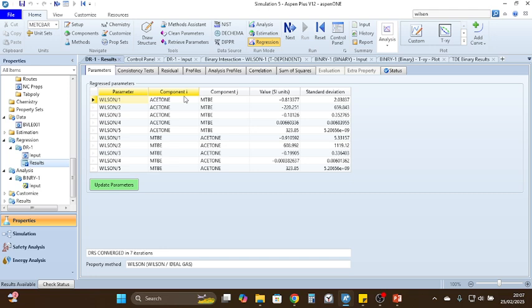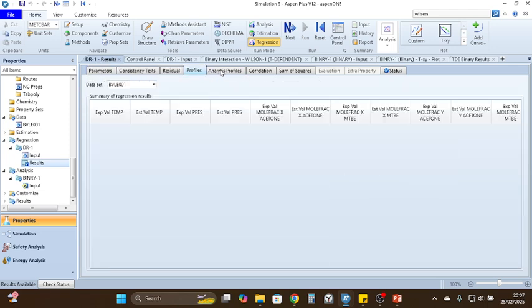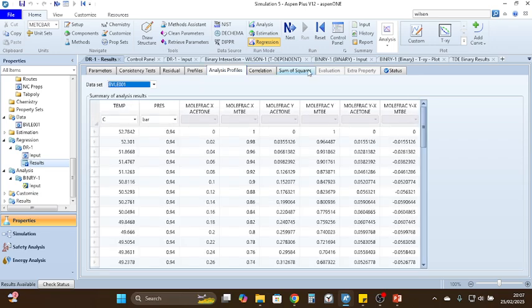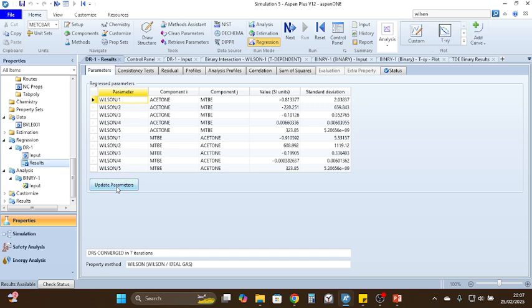If you check the residual, it also has a very low residual over here, 0.52056. So now we are going to update the parameters.